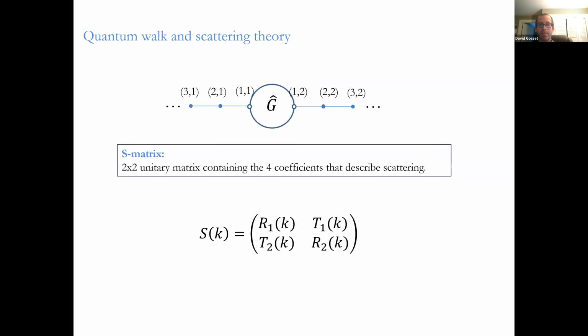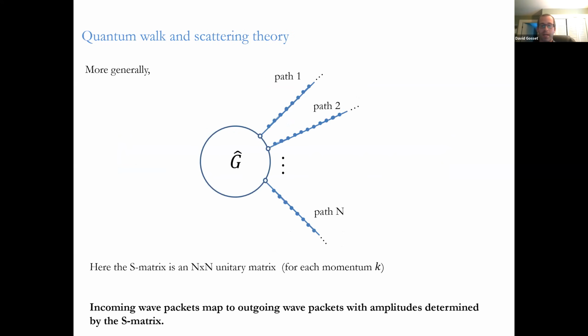Now, this was specific to this scenario where we have a finite graph and two semi-infinite paths attached, but one can generalize it to a scenario where we have n semi-infinite paths attached to n chosen vertices of a finite graph G hat. In that scenario, you can imagine preparing a wave packet on any one of the paths coming into the graph with momentum k. After scattering, the wave packet will be in a state which is moving outward on a superposition of all of these paths with certain amplitudes.